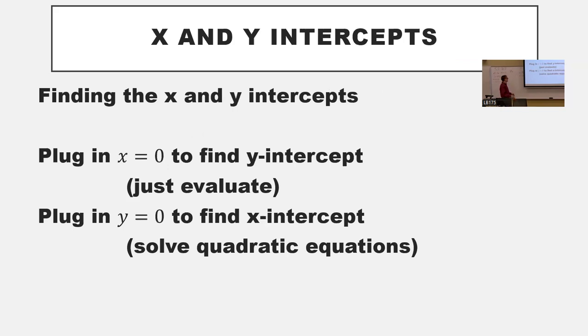Now remember, this was all motivated by finding x-intercepts. And so we're going to do that. We're going to find some x-intercepts, and we might as well find y-intercepts as well, of quadratic functions.